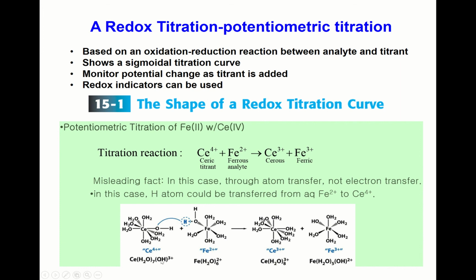And when you add this ceric ion into the ferrous solution, actually this is water, but this hydrogen atom is transferred from this hydrated ferrous ion to the hydrated ceric ion. Okay, like that.